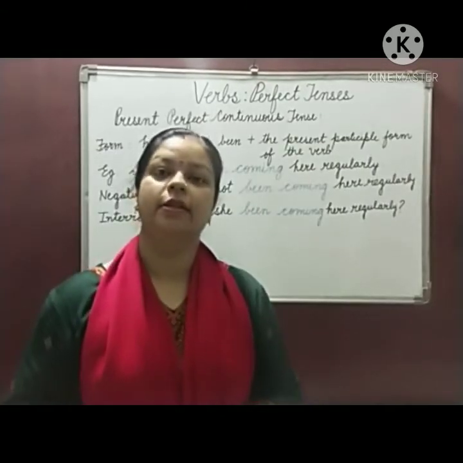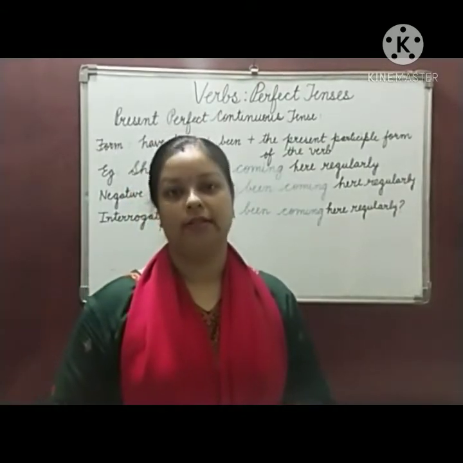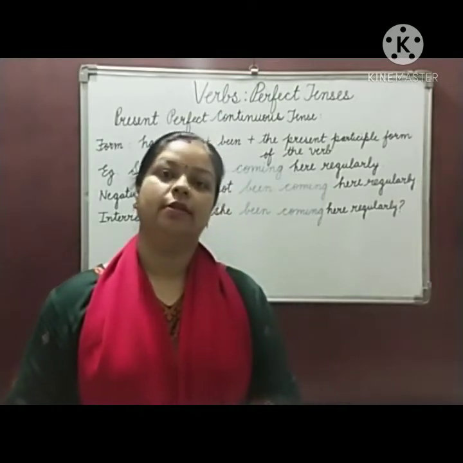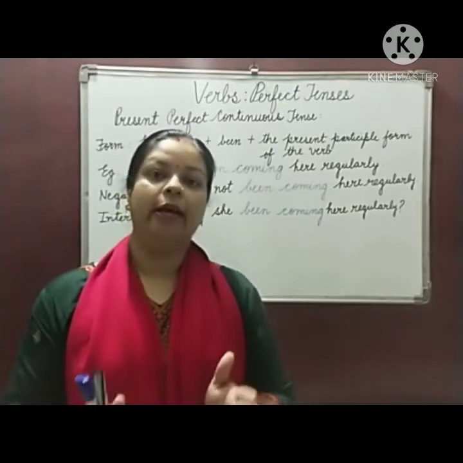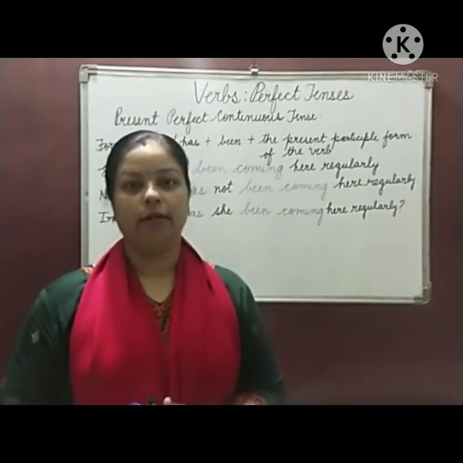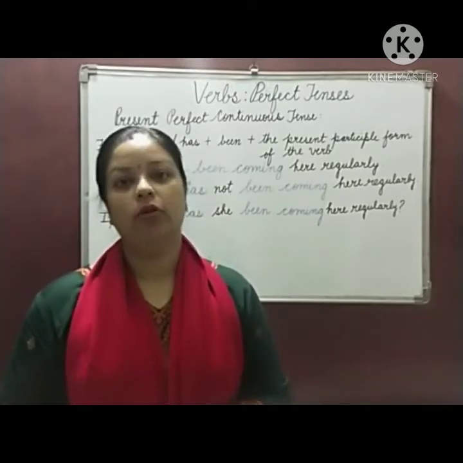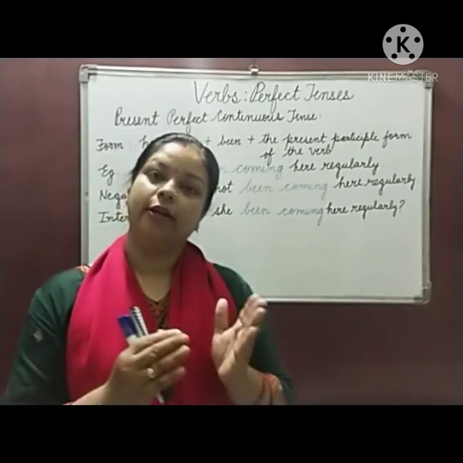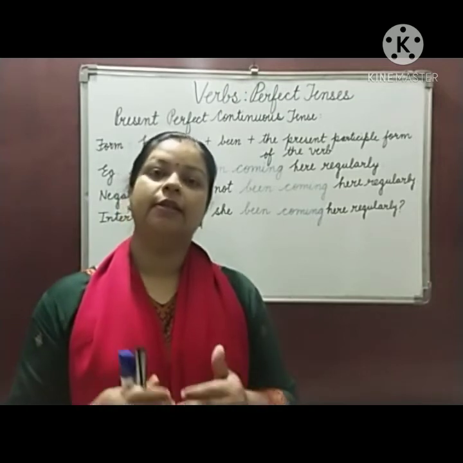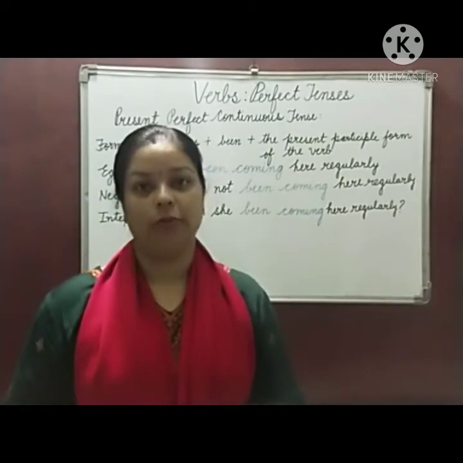The next is the continuous form of these tenses. Now the perfect tenses have a continuous form. Continuous means already in progress, an action that is in progress. So present perfect continuous tense refers to an action that started in the past and is continuing at the moment of speaking.